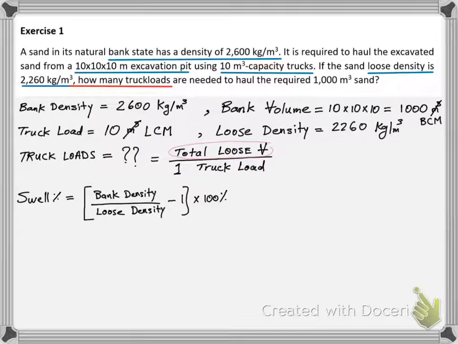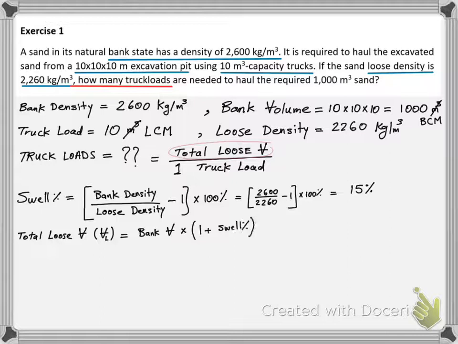And then if we just apply the values given to us, this will give us 15% Swell percentage. This means that we can calculate now the total loose volume based on the bank volume and the Swell percentage we calculated. So that means that this 1000 bank cubic meter will swell to be 1150 loose cubic meters.